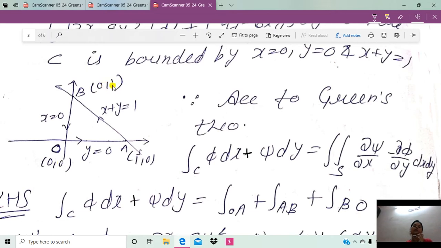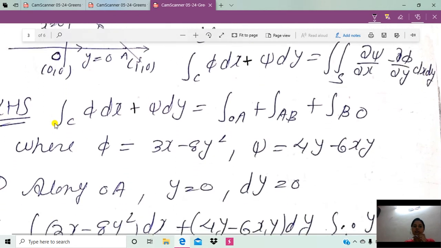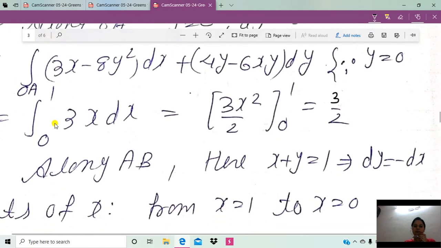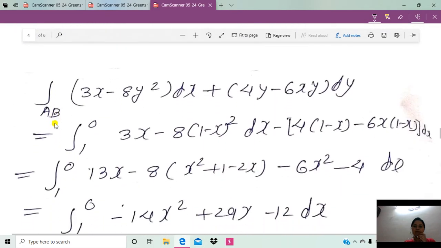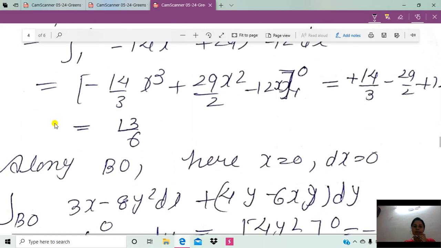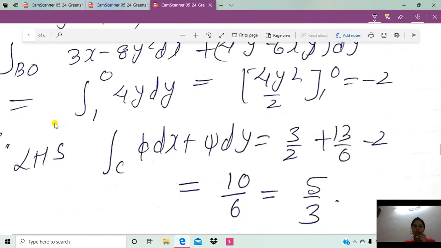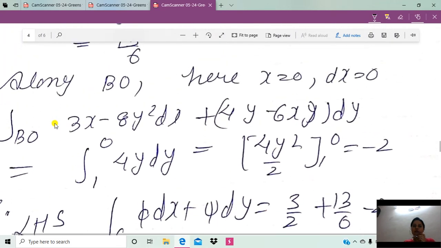So the limits of y will be from 1 to 0, and along BO x and dx will be 0. So let's evaluate the integration along the line BO. Along BO, x and dx are 0 and the limits of y is from 1 to 0.